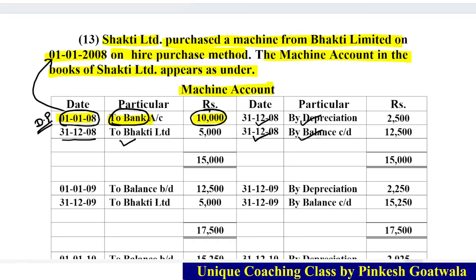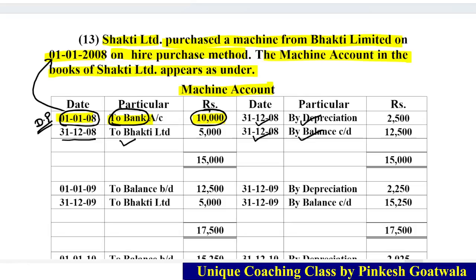Now think properly. If you have practiced all the sums and all the homework, you can easily understand that there are some different points given here in the machine account. Normally if you practice the sums, then you know which entries come in the machine account. Every year only depreciation comes and the closing and opening balance.